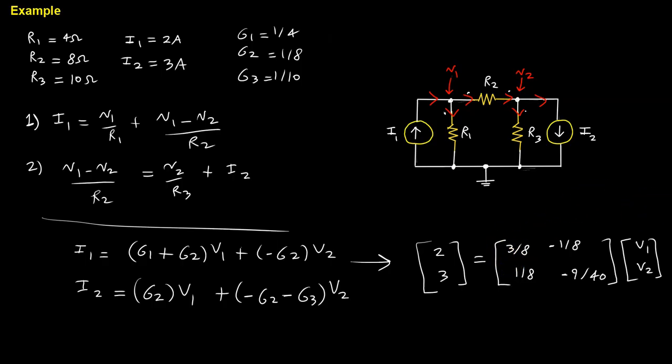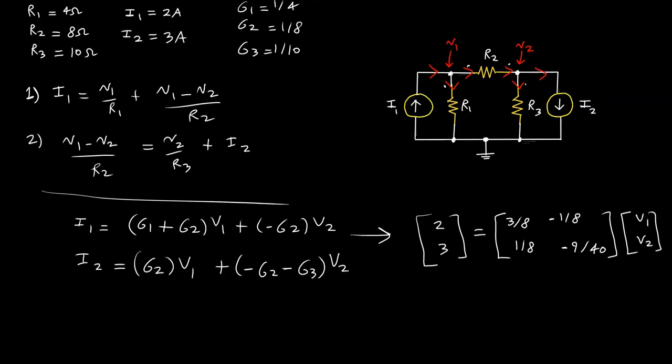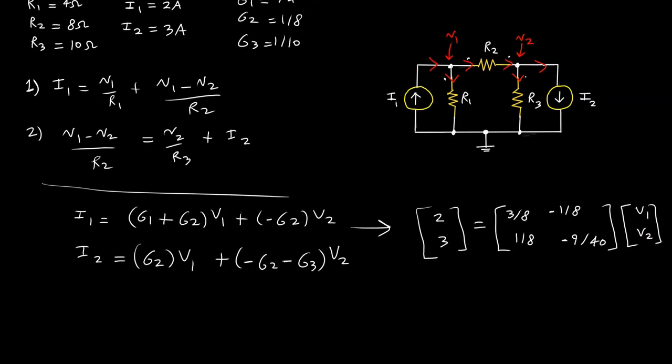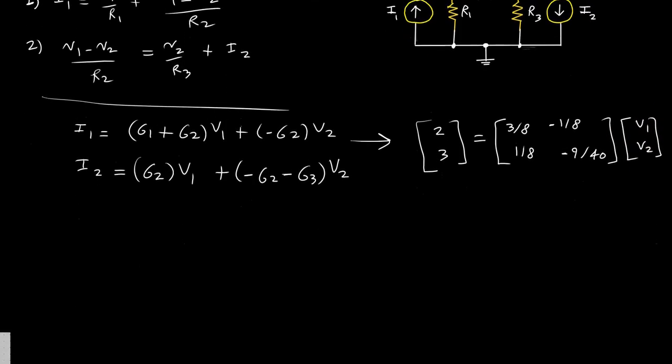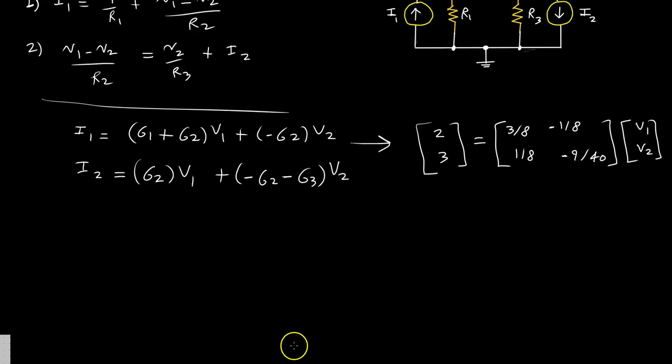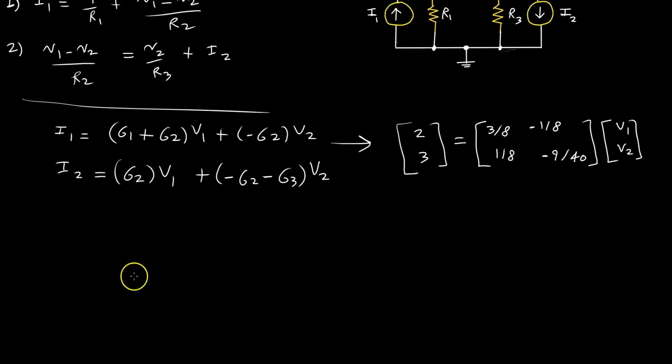And so again, what we need to find is the voltages V1 and V2. And to do that, I've chosen the method of matrix inversion. So I'm going to invert this matrix by first finding its determinant, its adjoint, which requires finding its cofactor and transposing it.